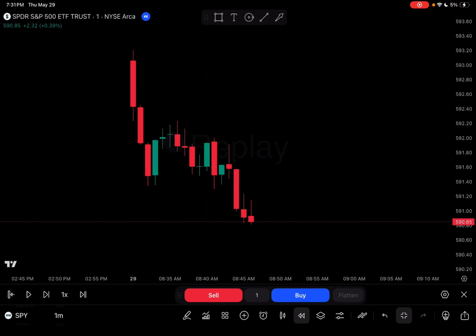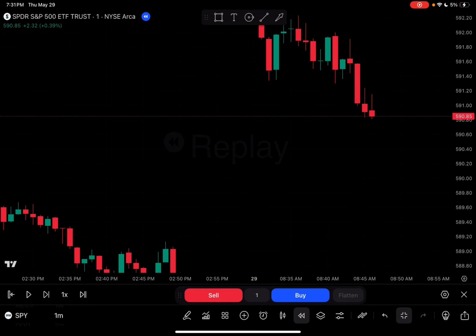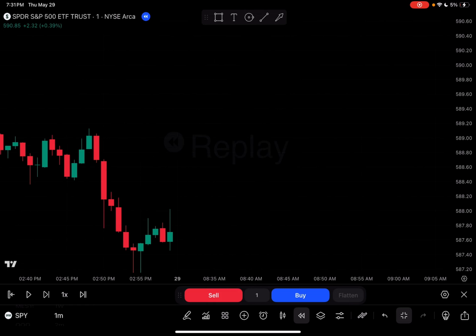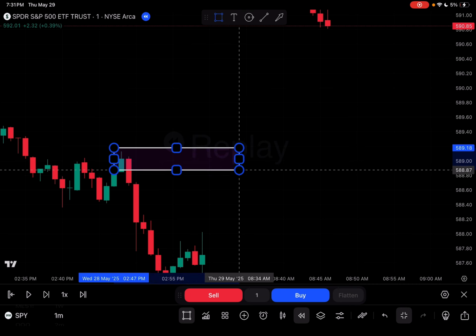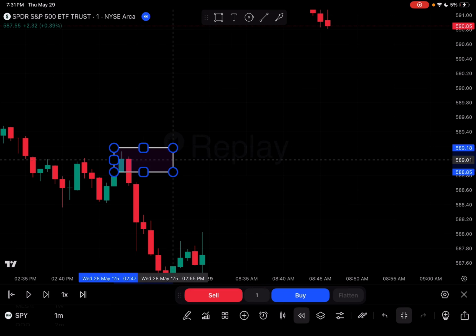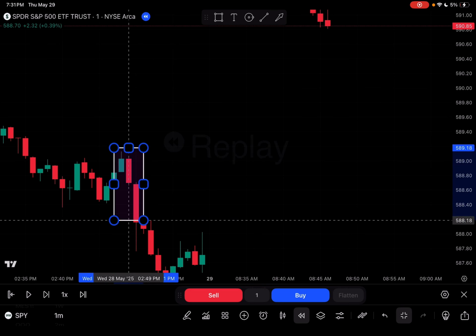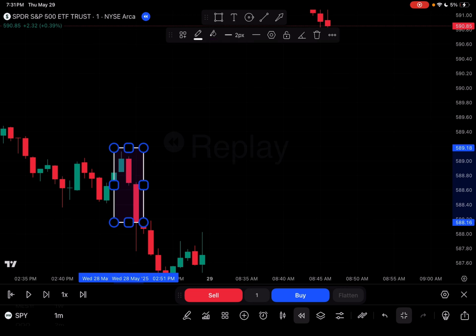So right now I'm currently just looking for supply and demand zones. If you don't know what a supply and demand zone is, I will give you an example. And sometimes I mix it up, so if I get it wrong, I'm sorry. So this right here, to me, is a supply zone. What I call a supply zone is a little green candle and a big red candle to the downside, not to the upside.